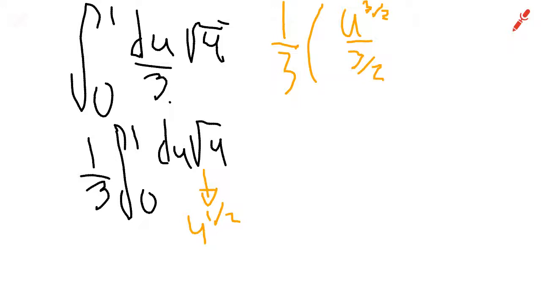Which is the same thing as writing 2 times u to the 3/2 over 3, and then now we have these values right here of our interval, 0 and 1.